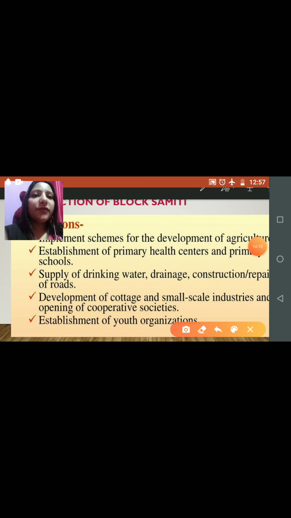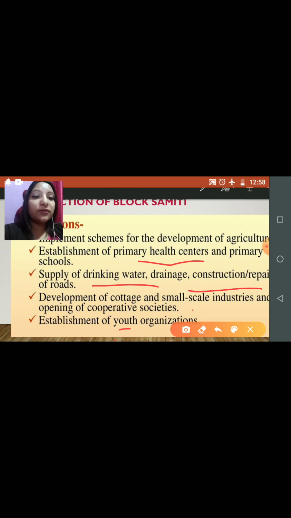Now we will see the functions of the block samiti at the block level. They implement the schemes for the villages, especially looking after agriculture. They establish primary health centers and primary schools, supply drinking water, and build drainage. They develop cottage and small scale industries, which provide employment opportunities to the villagers.